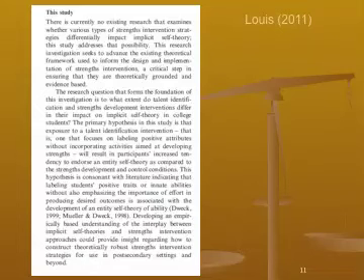Lewis's research question was, "The research question that forms the foundation of this investigation is, to what extent do talent identification and strength development interventions differ in their impact on implicit self-theory in college students?" And then she'll discuss her hypothesis next, and it's pretty developed there. But again, she's providing her research question and a primary hypothesis.